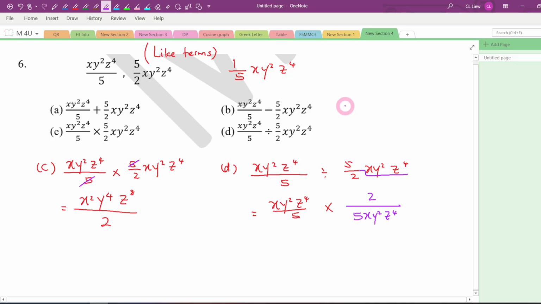Some students might make this mistake. They change it to multiplication, then flip over the 5 and 2, and this one they just copy. No, this is not correct.